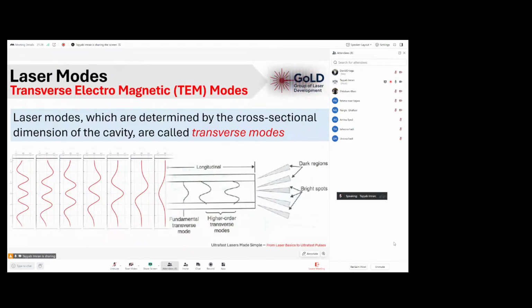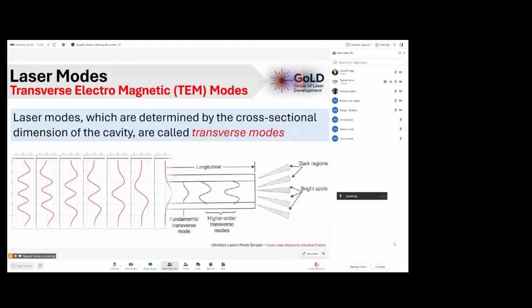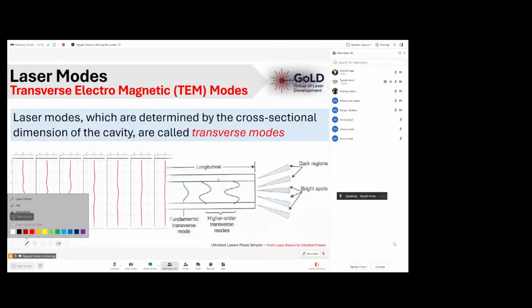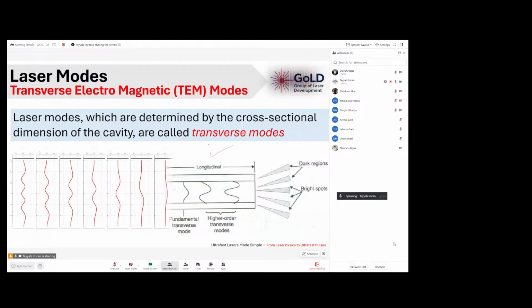If you see these diagrams here, on this side, this is the longitudinal direction.